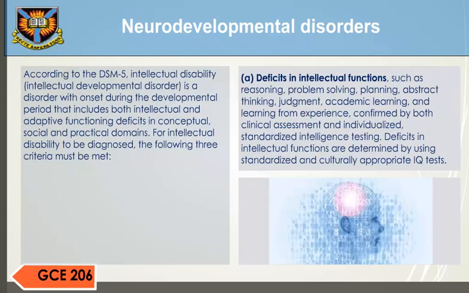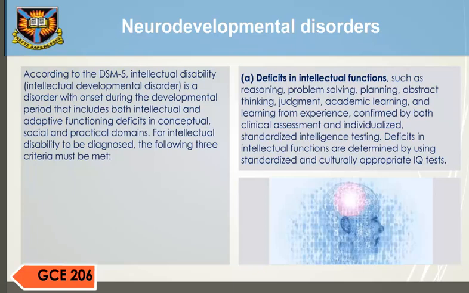According to the DSM-5, intellectual disability, intellectual developmental disorder, is a disorder with onset during the developmental period that includes both intellectual and adaptive functioning deficits in conceptual, social, and practical domains.